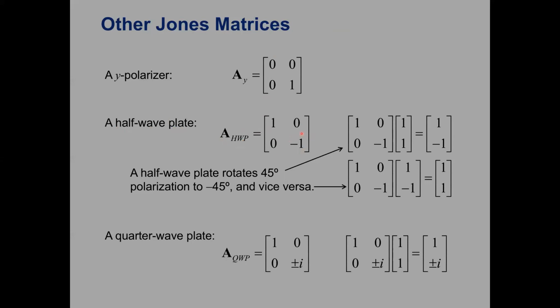So this minus sign here does that for us. When we take this matrix and multiply it by, let's say, a light wave polarized at 45 degrees, so we have equal x and y components, then we slow down the y component compared to the x component.